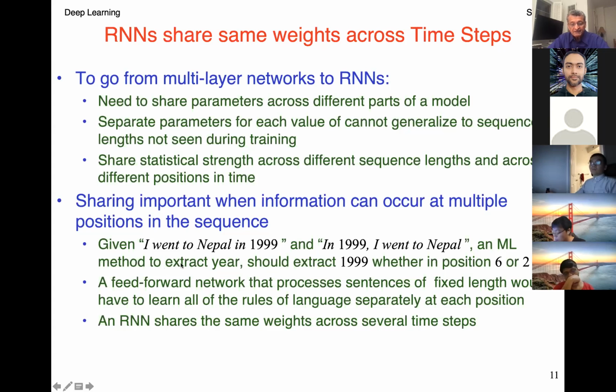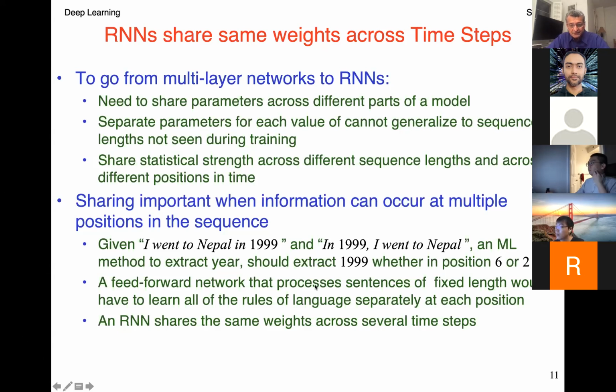So given "I went to Nepal in 1999" and "In 1999 I went to Nepal," a machine learning method to extract the year should extract 1999 whether it is in position 6 or position 2, right? In a sense, the network, which is processing one word at a time, has to be able to keep track of words irrespective of whether it's the first word or second. So the parameters are not different for each time instance. The same parameters are being used.